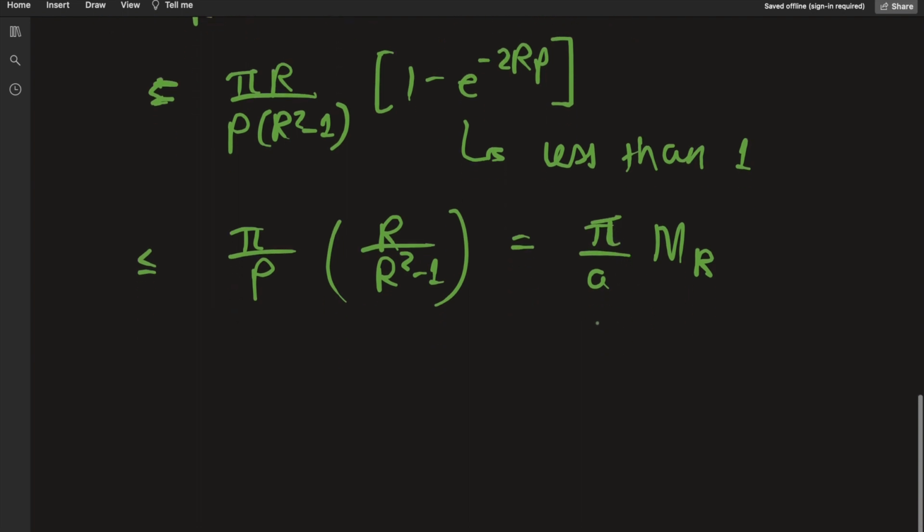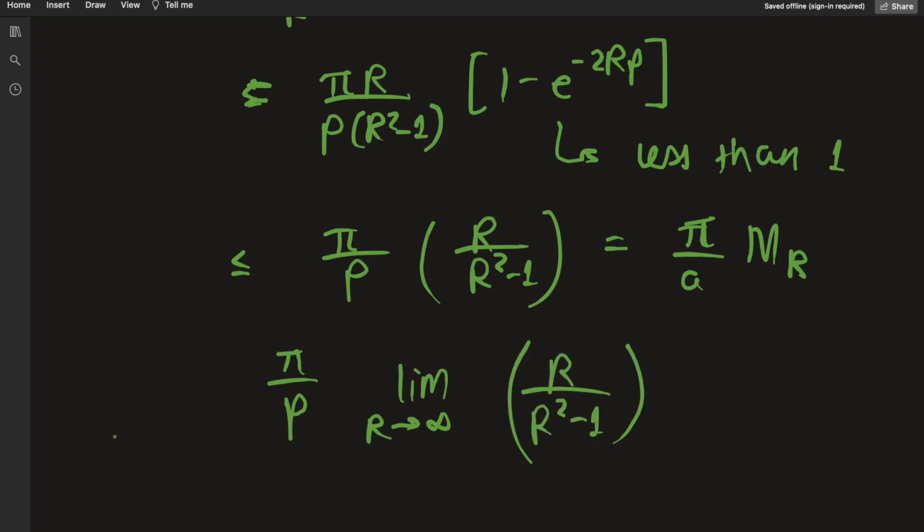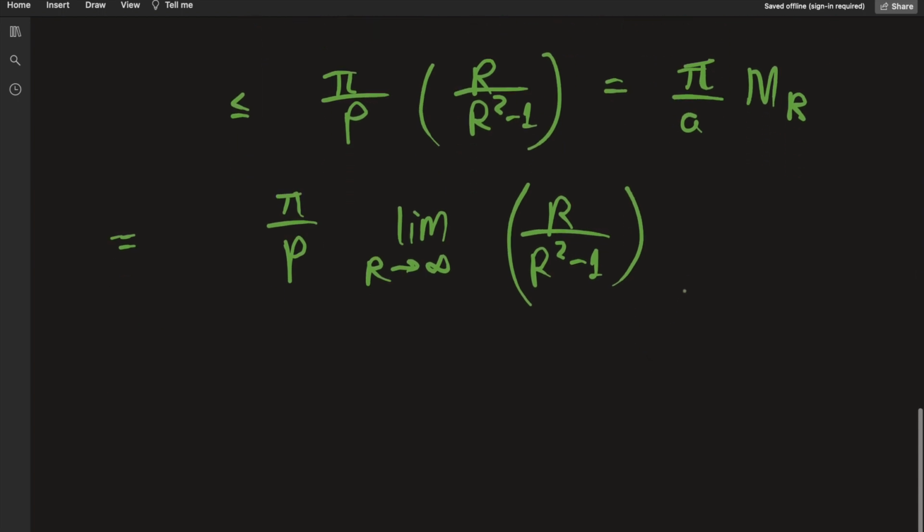And then the final step, to just destroy our enemy, take the limit as r goes to infinity. So we have pi over p and then r over r squared minus 1, and this I leave unto you viewers to solve, which is pretty easy if you ask me.